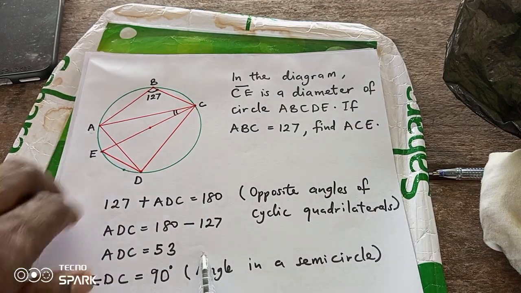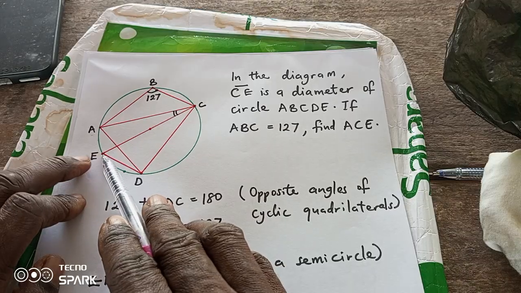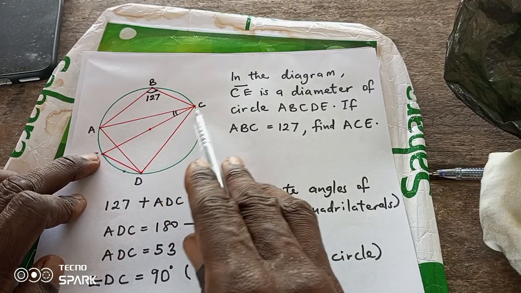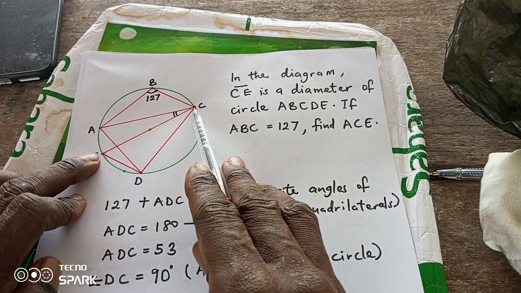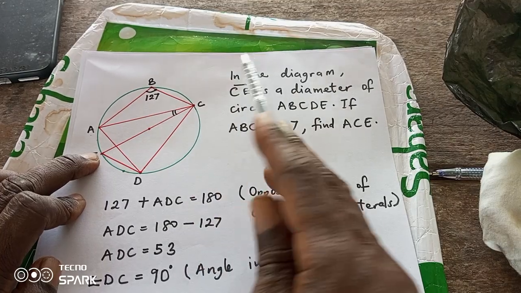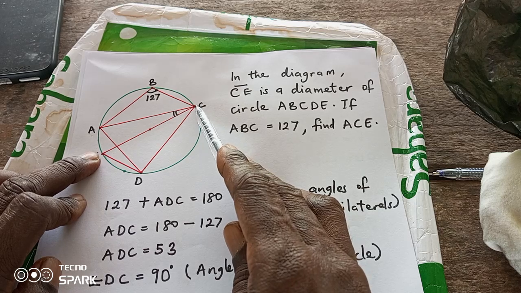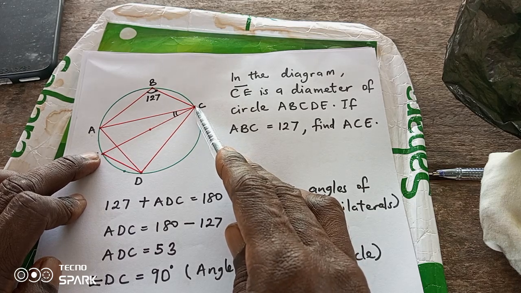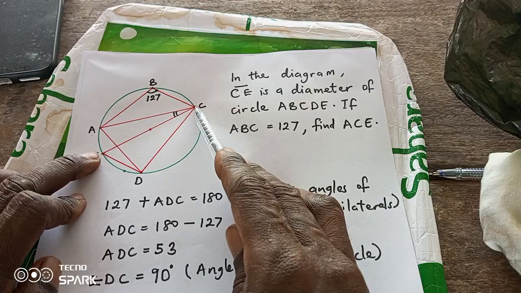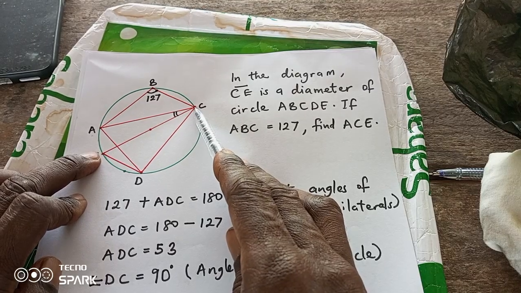Now, we are told that this line is a diameter. And we have learnt from one of the rules that the angle of a semicircle with the circumference is equal to 90 degrees.